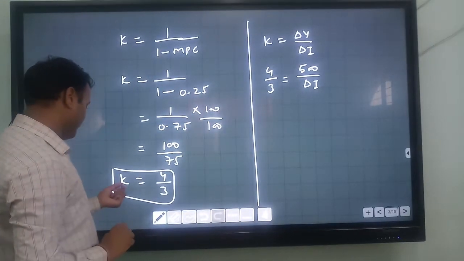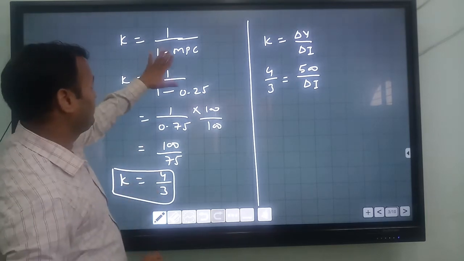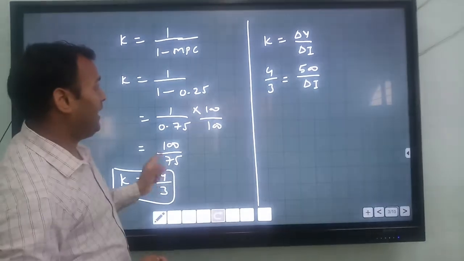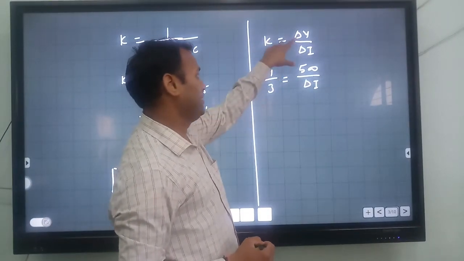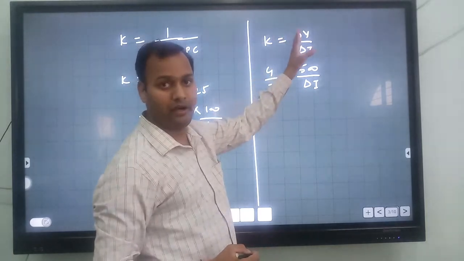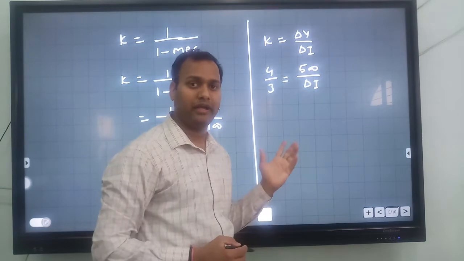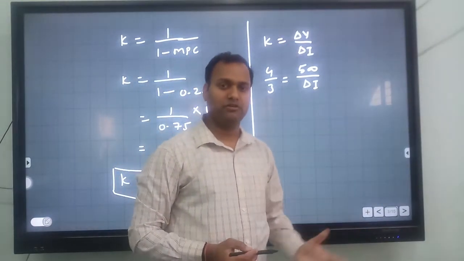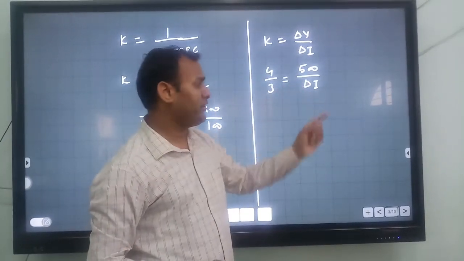We calculated K is equal to 4 upon 3 by using the formula K is equal to 1 upon 1 minus MPC, and by putting the value of K in the equation K is equal to delta Y upon delta I, K is 4 upon 3, and delta Y is full employment minus equilibrium level, that is 1000 minus 500, that is 500. So 4 upon 3 is equal to 500 upon delta I.